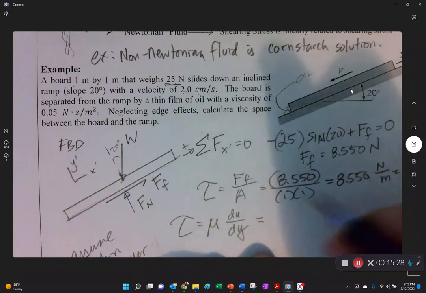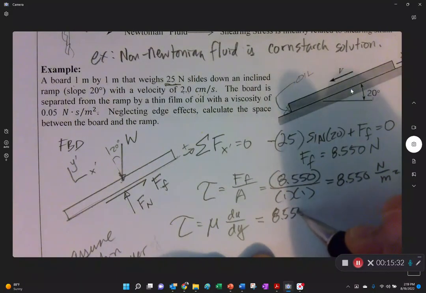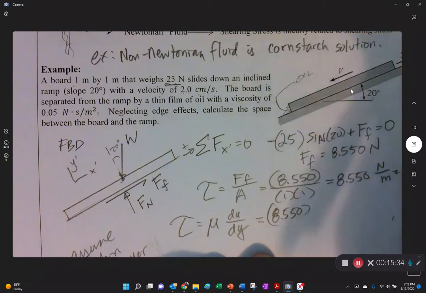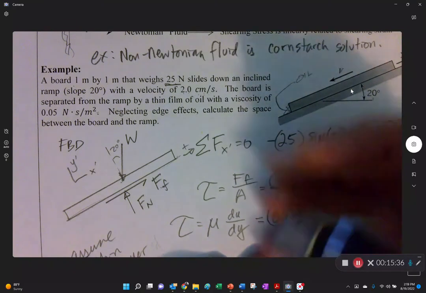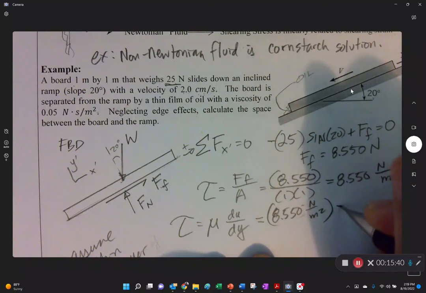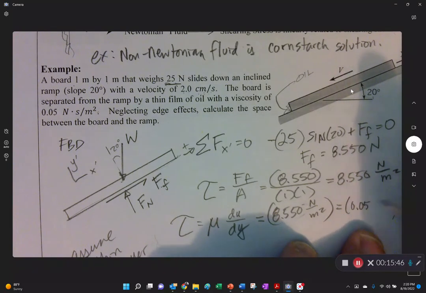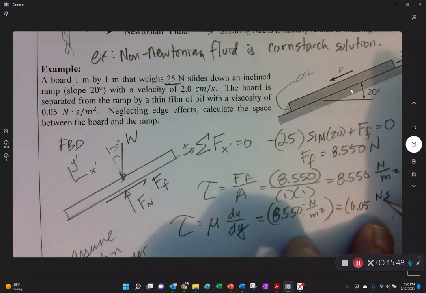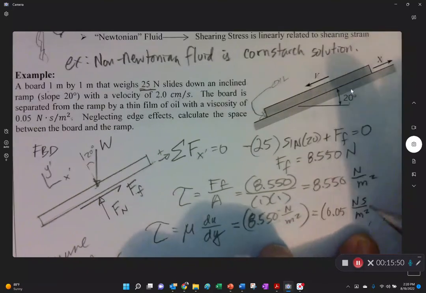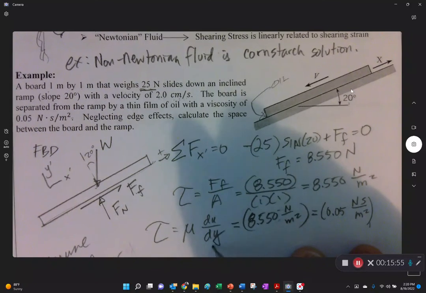So that's going to be 8.550 newtons per meter squared, let's keep the units in here, equal to mu, which is 0.05 Newton seconds per meter squared, times du dy, but it's thin.